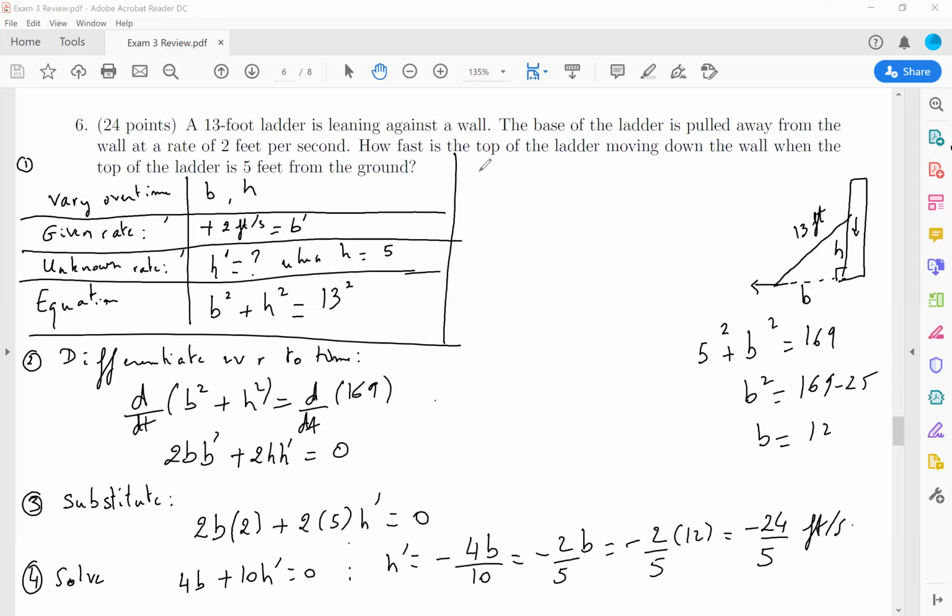So the answer here, let's conclude, the top of the ladder is moving down. That's what the negative here means, decrease.